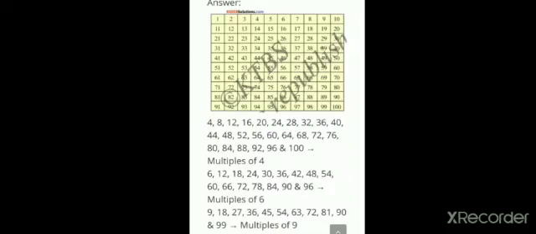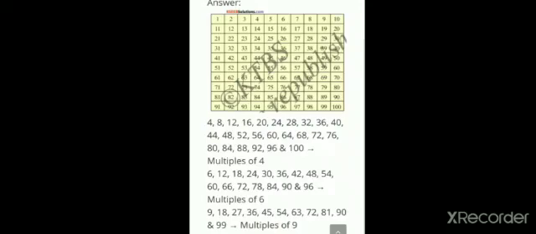The multiples of 4 are 4, 8, 12, 16, 20, 24, 28, 32, 36, 40, 44, 48, 52, 56, 60, 64, 68, 72, 76. Like that it goes on until 100. You can see on the screen.